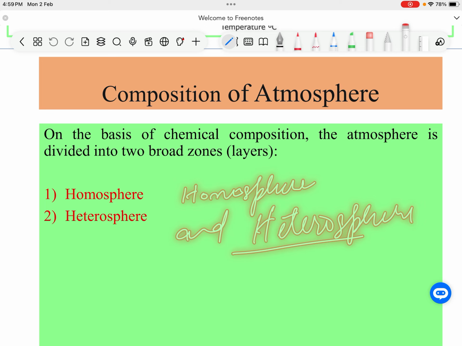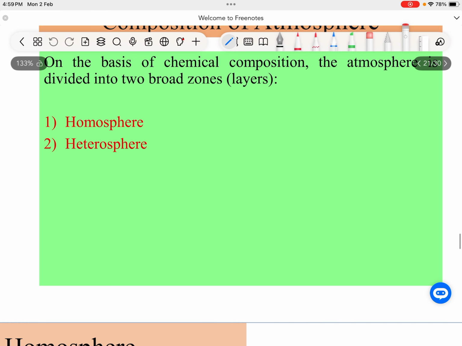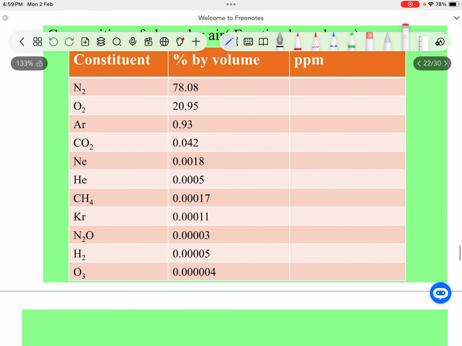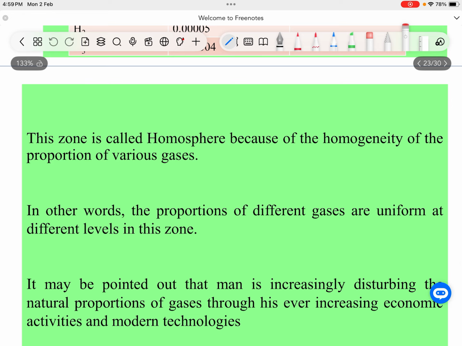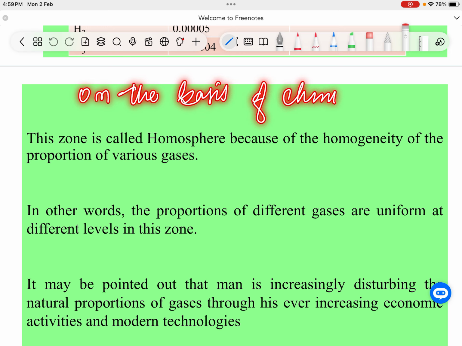So going further, why is this called homosphere? This is called on the basis of chemical composition.